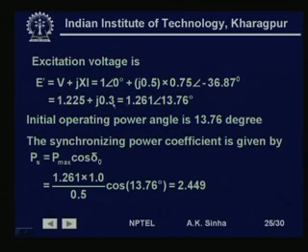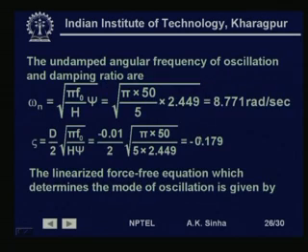The excitation voltage, again the same thing, 1.261 with an angle 13.76 degrees, that is the initial operating point is 13.76 degrees. Now, the synchronizing coefficient in this case is again 2.449, the same as earlier case.